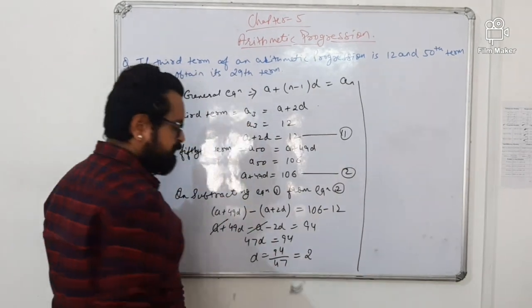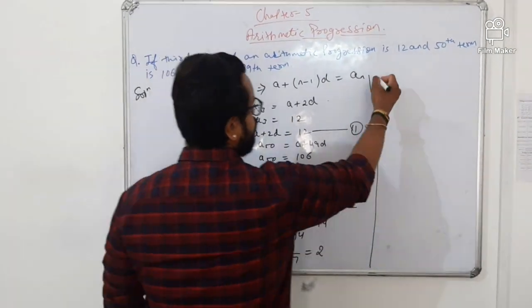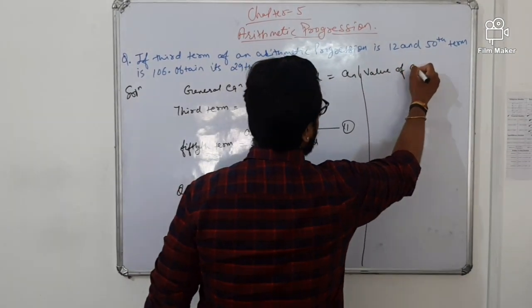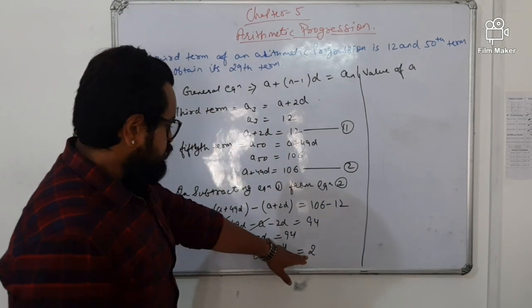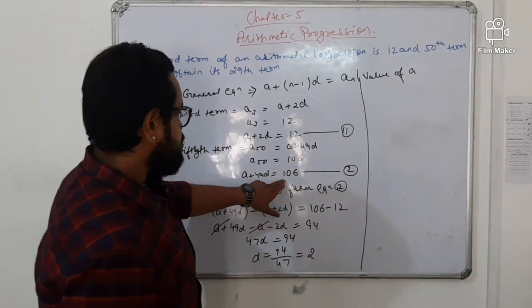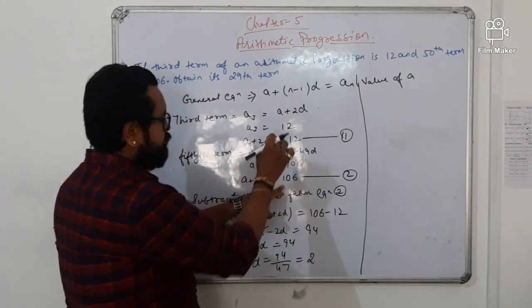And now we will find the value of A. So how can we find the value of A? You can use this value of D in any equation, either in first or in second. We are using this value of D in equation first.